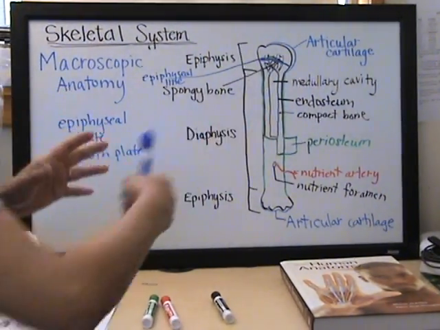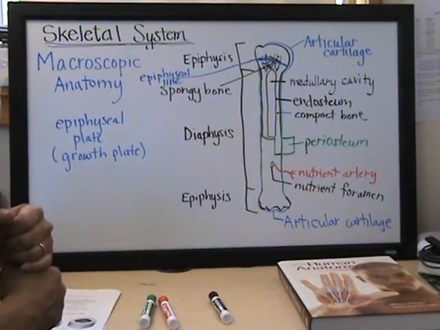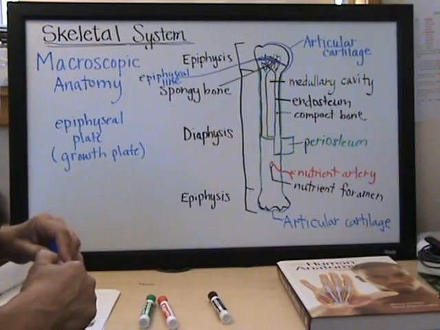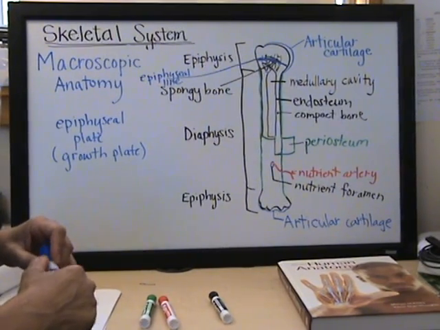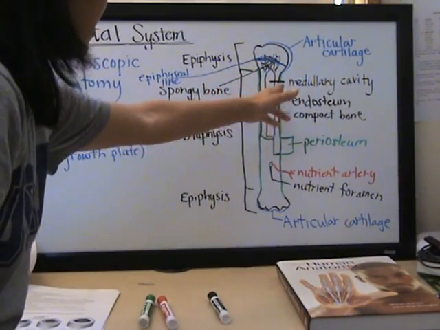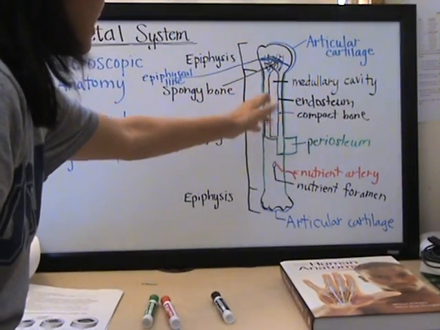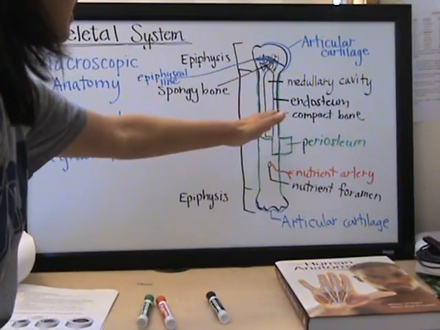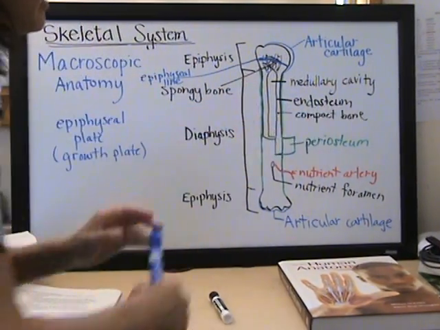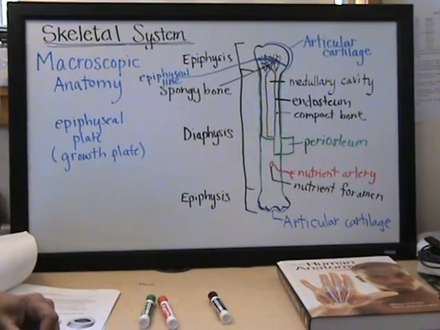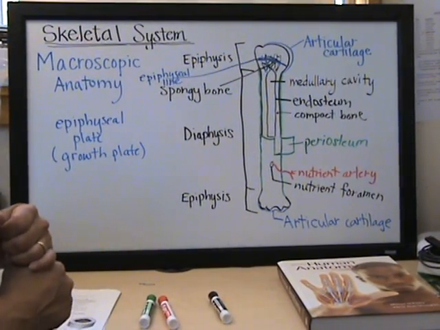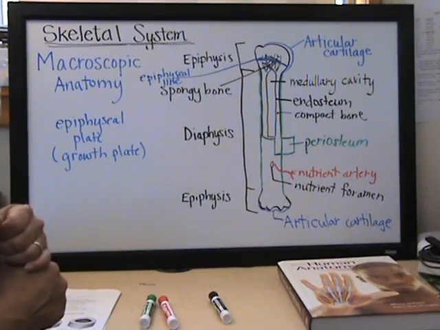Now, growth in width of a bone is called appositional growth, and that occurs when osteoblasts in the periosteum lay down bone along the diaphysis, and so that results in an increase in width. So again, interstitial growth is an increase in length, and appositional growth is an increase in width. All right.